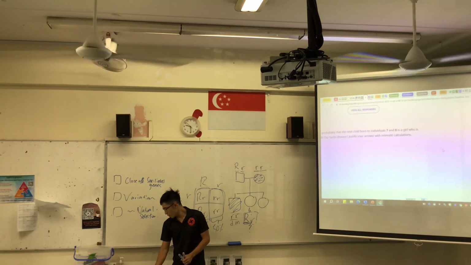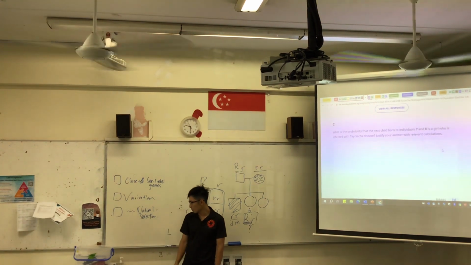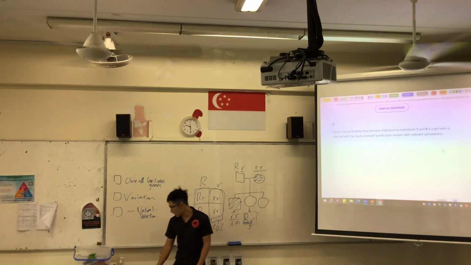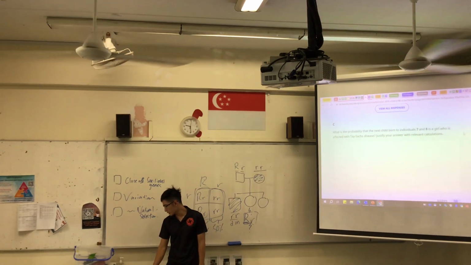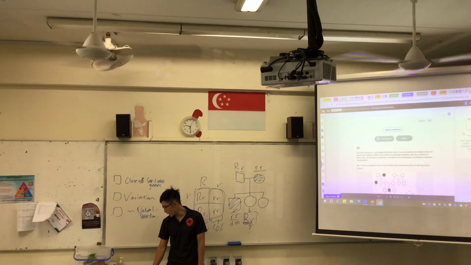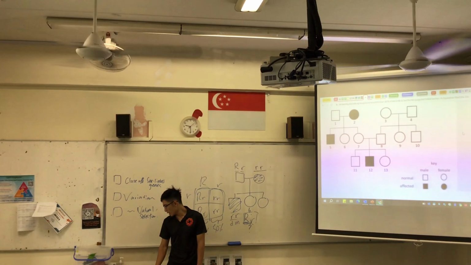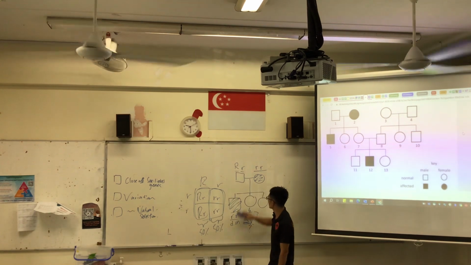Part C. What is the probability that the next child of 7 and 8 is a girl who is affected by the disease? Okay, let's look at 7 and 8. So, what is the genotype of 7 and 8?